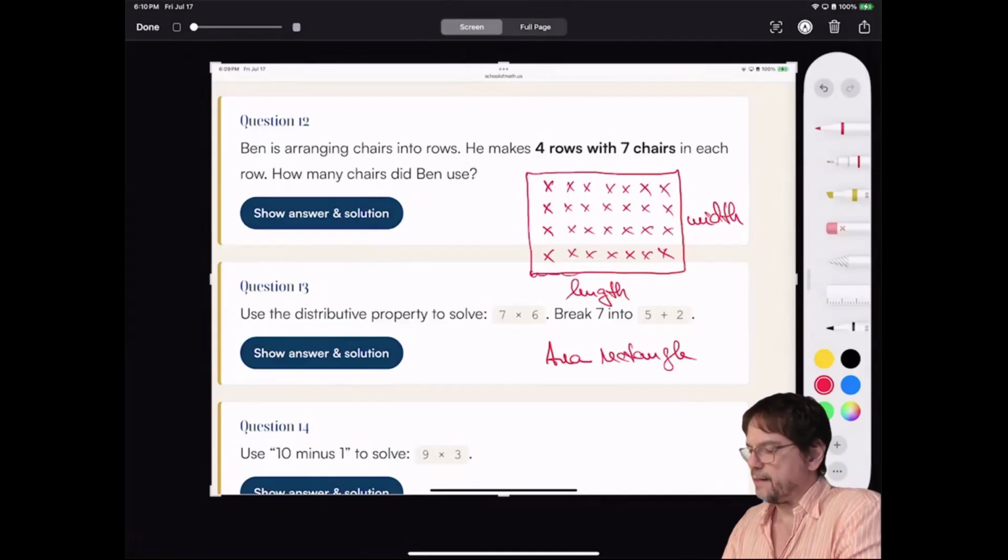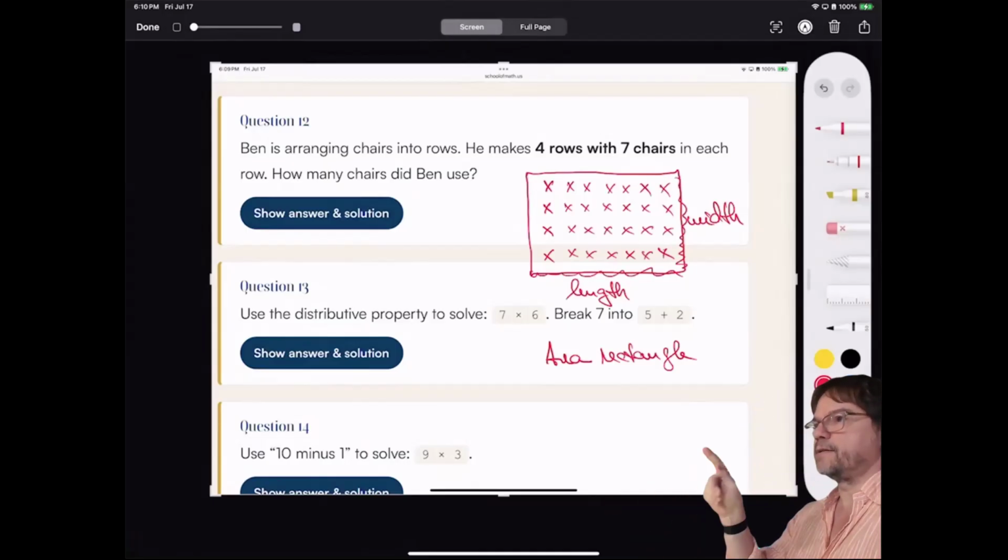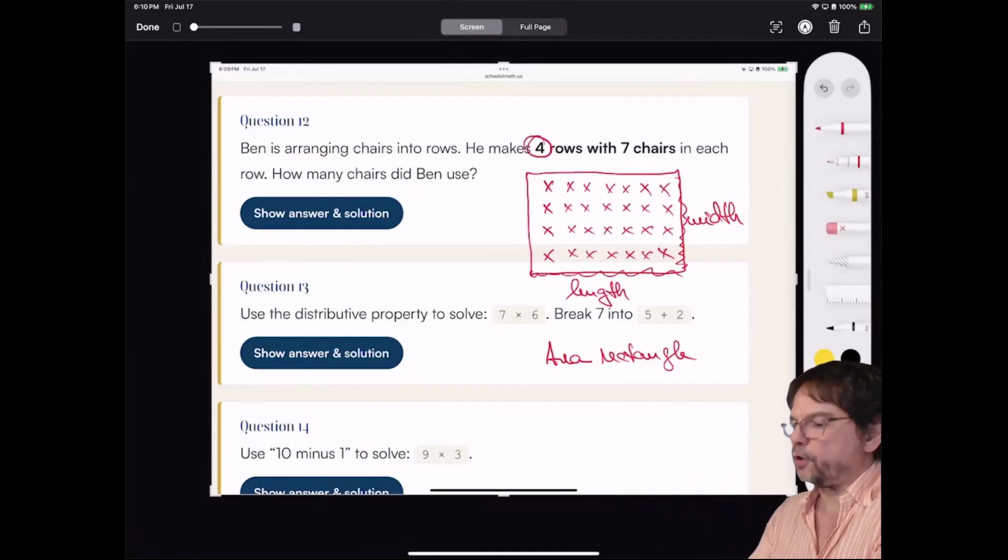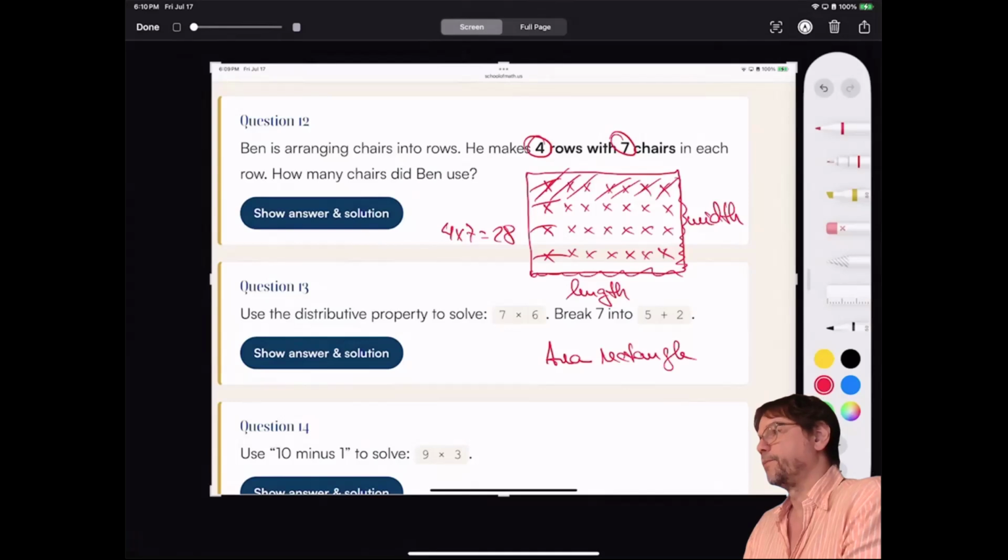So it is this side times this side. Look what you just did. You said 4 times 7, right? Look, 1, 2, 3, 4 times 1, 2, 3, 4, 5, 6, 7. So 4 times 7 is 28.